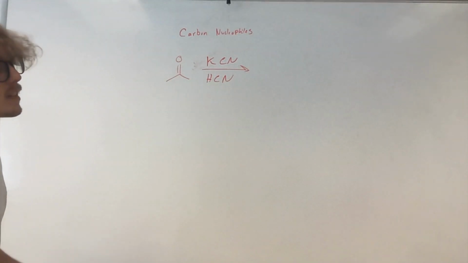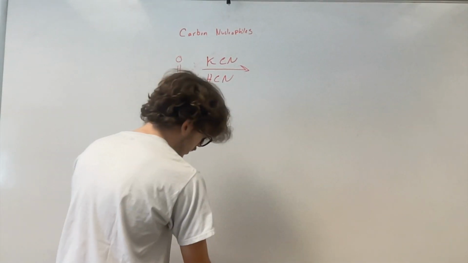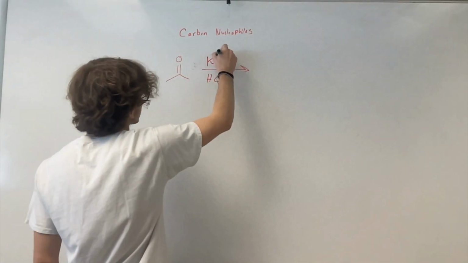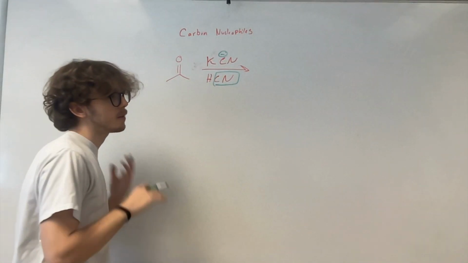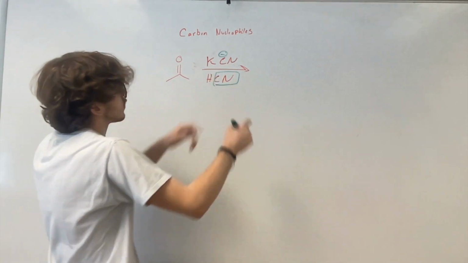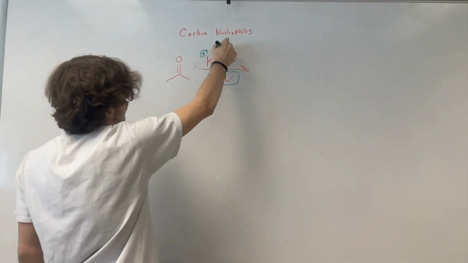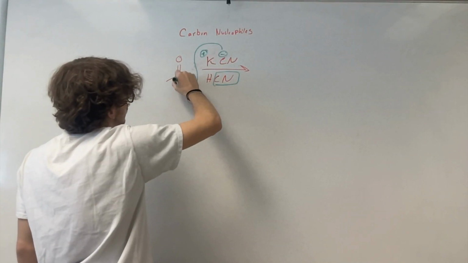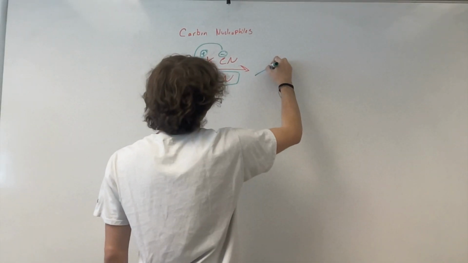So this is base catalyzed nucleophilic attack. So it's pretty simple actually how this works. The CN is acting as like a supporting ion to help drive the equilibrium. The H will just be a source of protons, but this is a group 1 ionic species, potassium cyanide. So the cyanide comes in with its negative charge and kicks up electrons, makes himself at home.